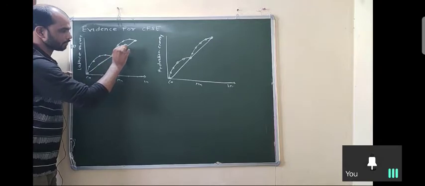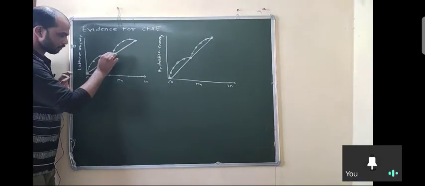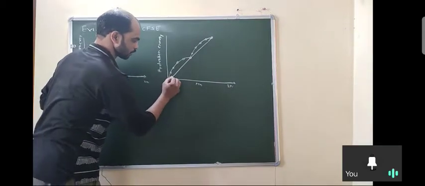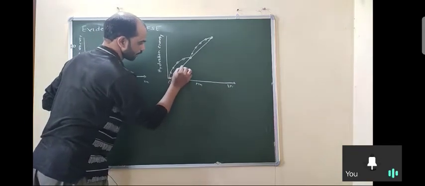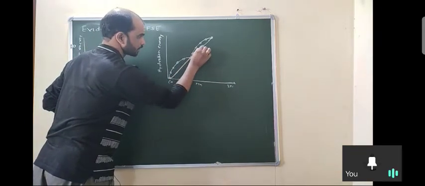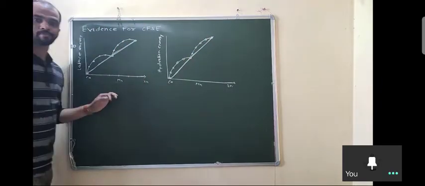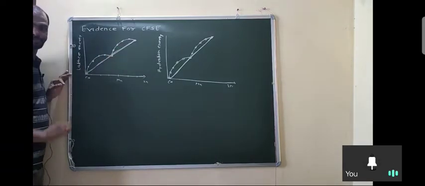It is a regular trend for the lattice energy. Same thing for the hydration energy also. When we consider scandium to zinc, the points should be plotted on a straight line. But here what happened? This type of two curves are observed.